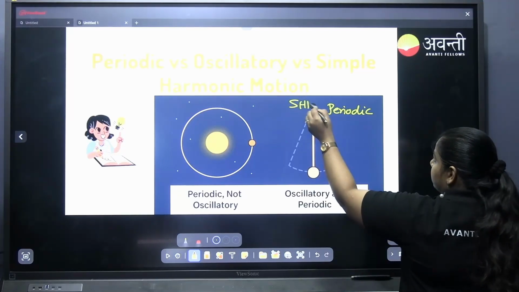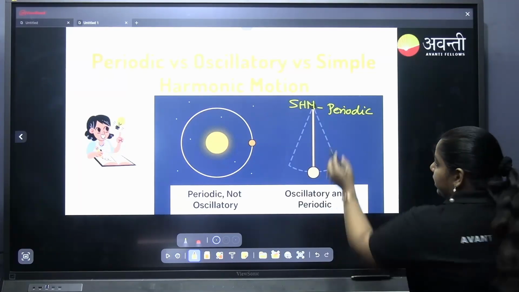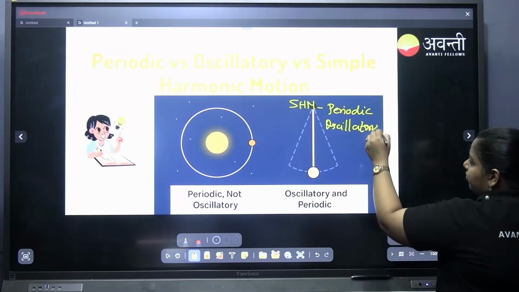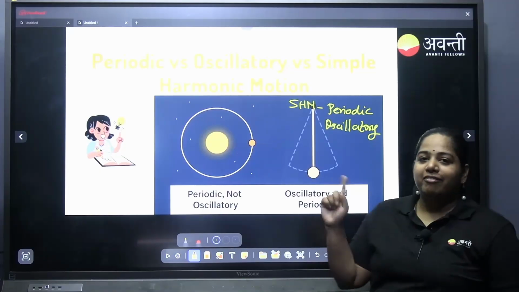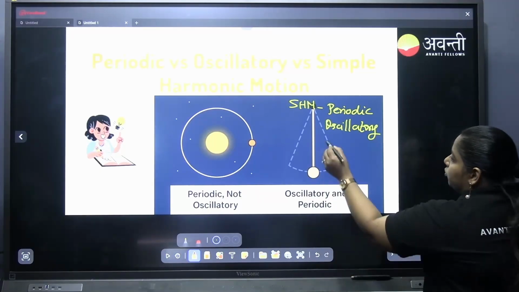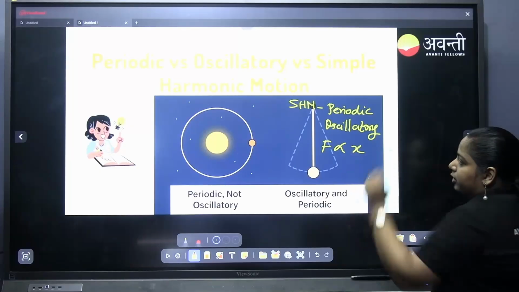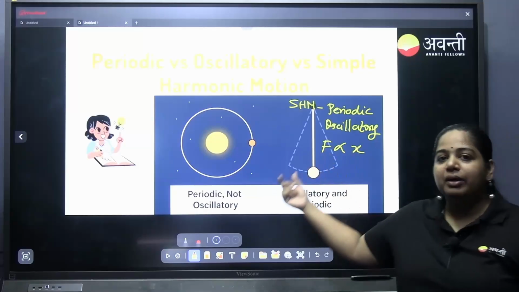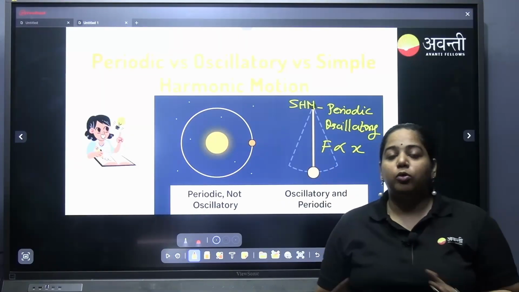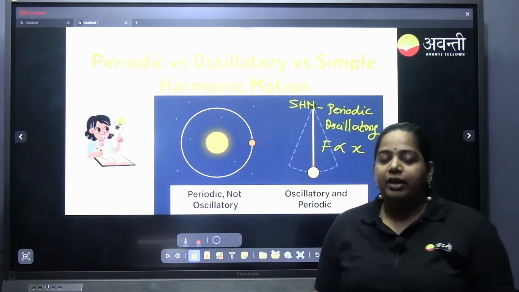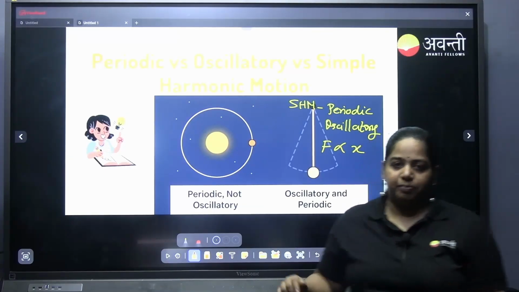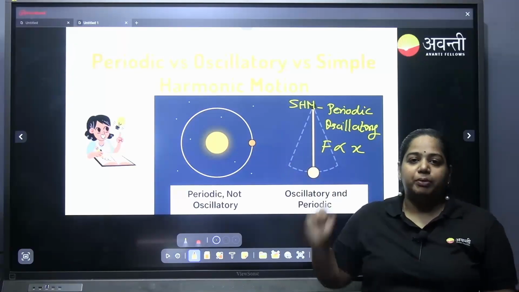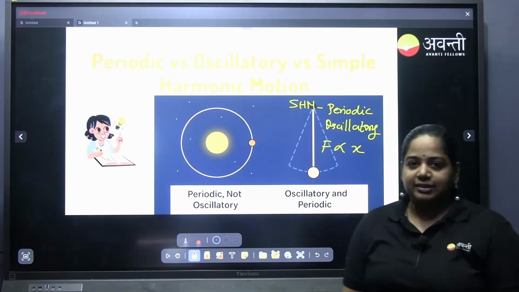SHM should be a periodic motion, it should be oscillatory, and it should also obey one condition, that is force should be proportional to displacement. This condition makes simple harmonic motion different from all other oscillatory and periodic motion. So SHM should be periodic, oscillatory, and force proportional to displacement x.